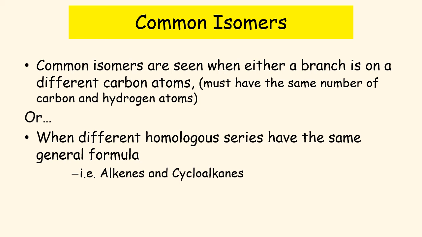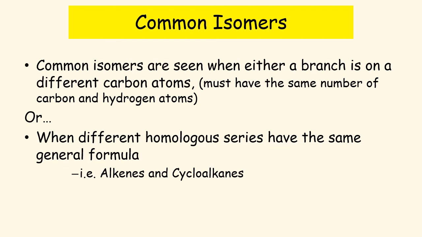So for example, if we have a methyl group on pentane, we could have 2-methylpentane or 3-methylpentane, and those would be isomers because they would have the same formula, but they would have a different structural formula. They would look different, but their chemical formula would be the same, and that's what comes from isomers. And you'll get to look at isomers later on, so you'll get more practice of that.